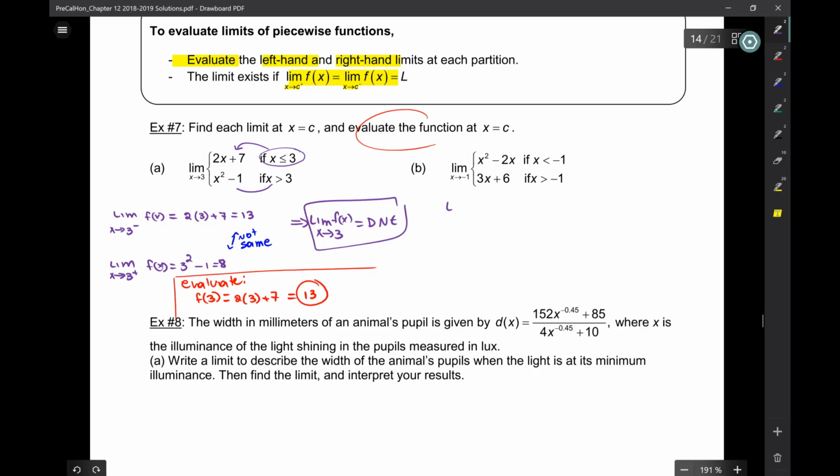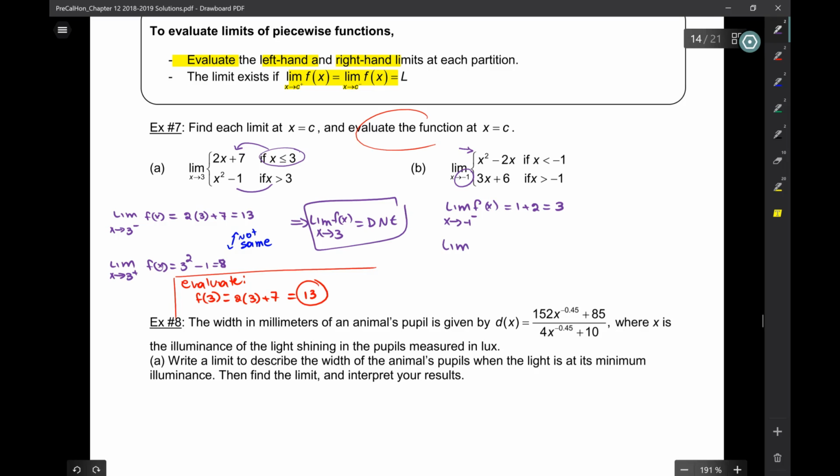Okay, so look at this one. Now we're at -1. The limit of f of x as x approaches -1 from the minus side, we're going to plug it into this top one. So that's 1 plus 2 equal to 3.